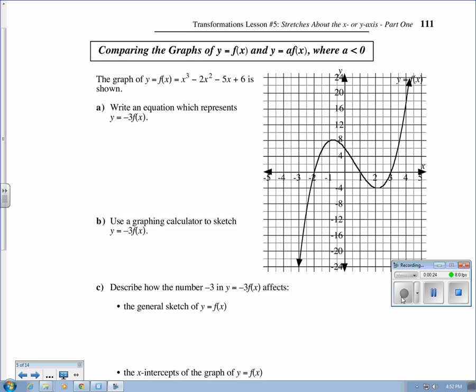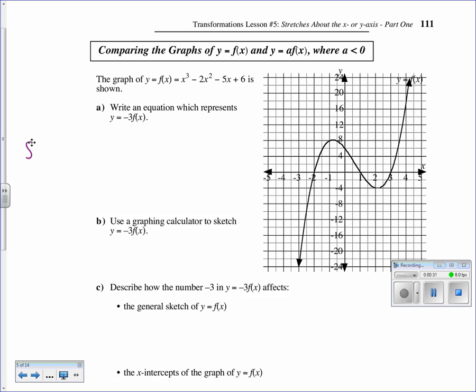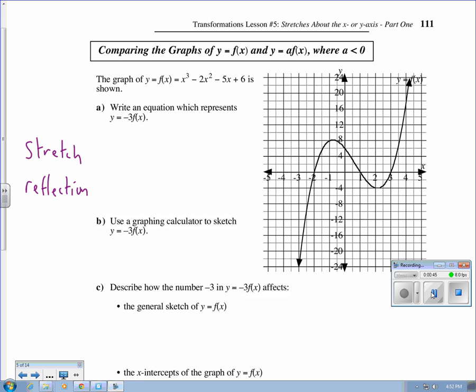Then we want to talk about the stretches and the reflections, because I have a stretch in here, but I also have a reflection. So that's why we want to take a look at that question. We want to deal with the stretch first and then the reflection.